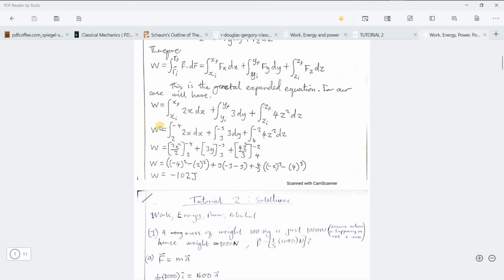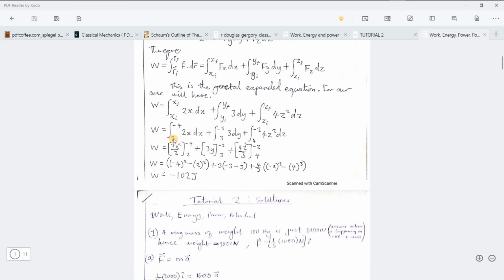So now from here you have to integrate each part. We integrate this part, this part, this part. Starting with this part for the x, integrating this, we'll have this expression. Integrating 2x with respect to x will just give us 2x squared over 2, with the limits running from 2 to negative 4.